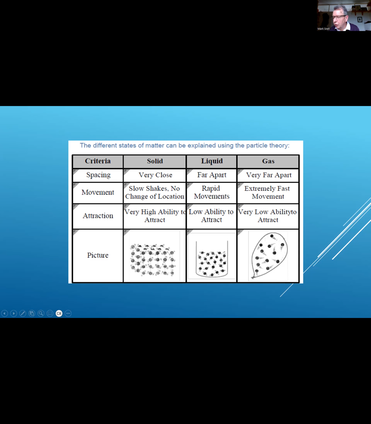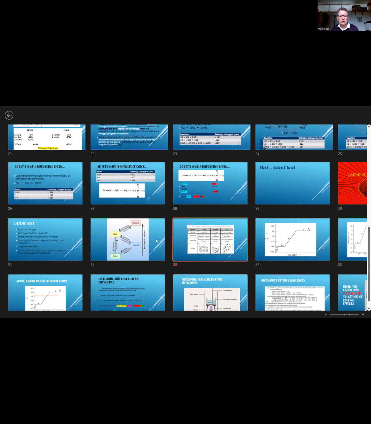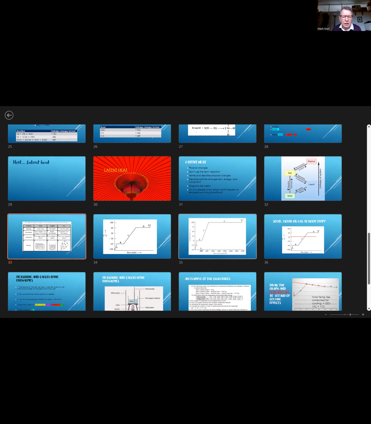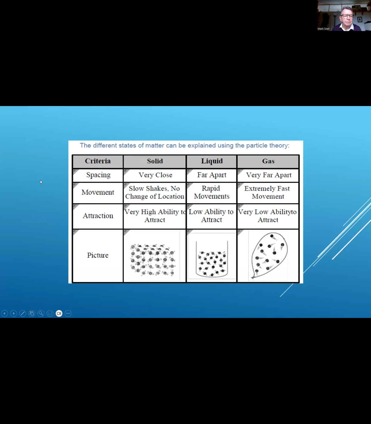Firstly, in a solid, the particles are very close together and they are vibrating on the spot.